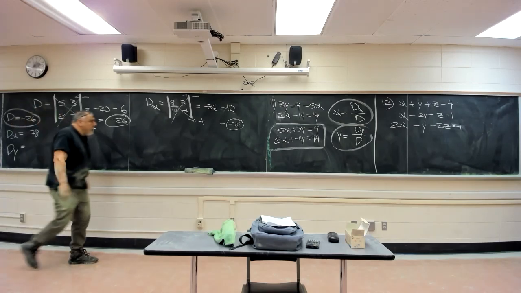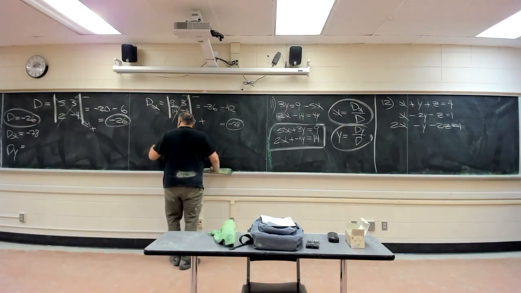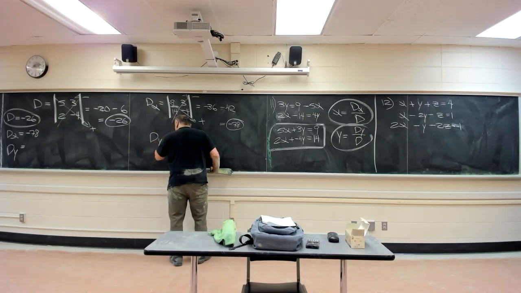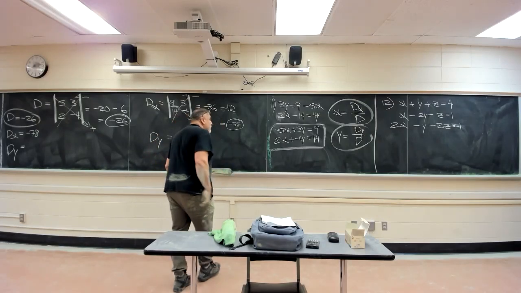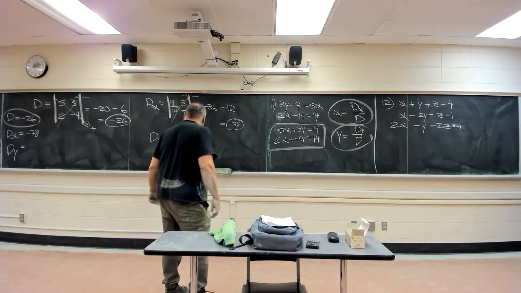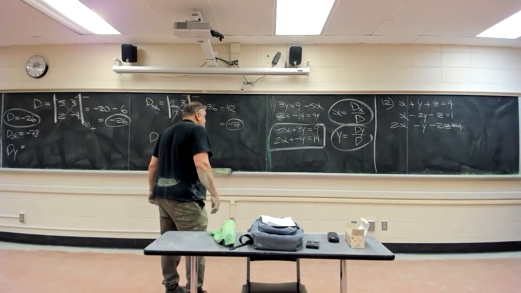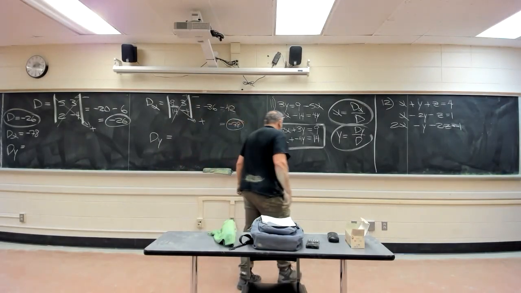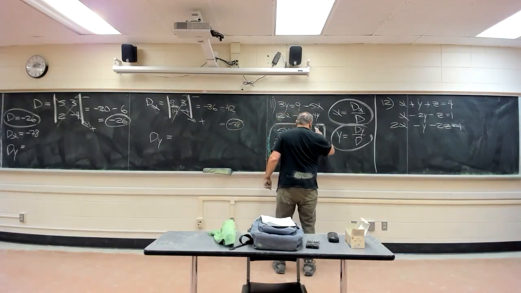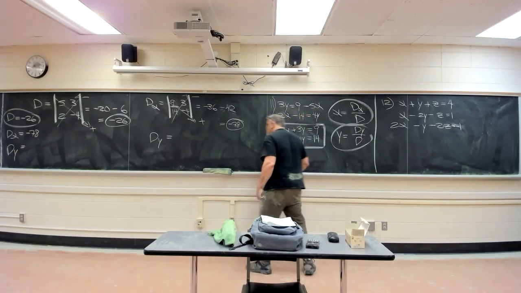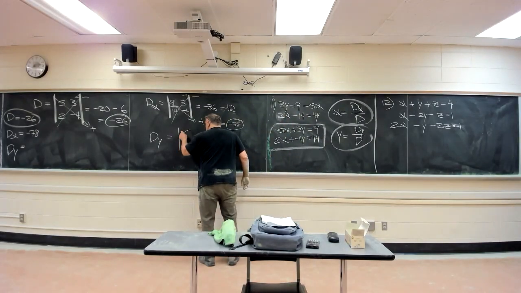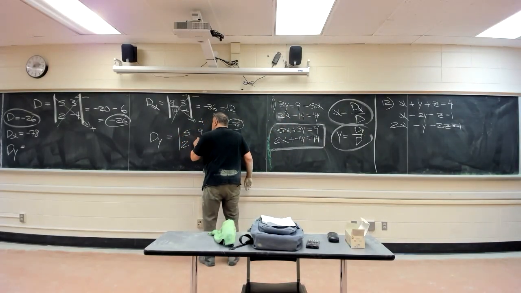Let's get the d sub y. d sub y is a similar argument. Wherever you see the y column, you're going to put in the 9 and the 14. So it's 5, 2, 9, 14.